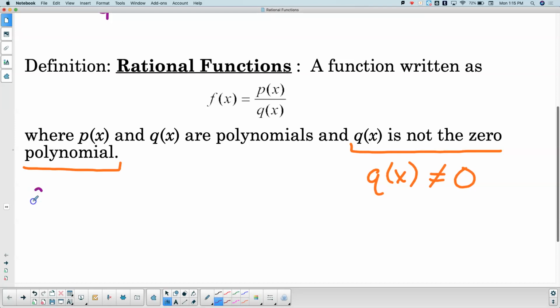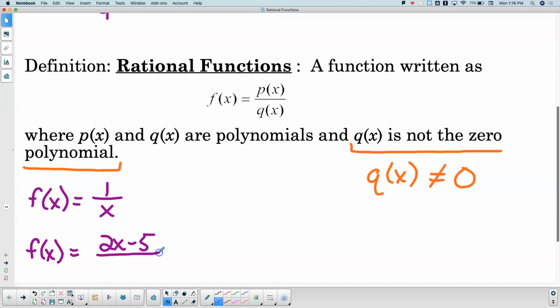Well, they could look as nice and easy as f of x equals 1 over x. That's a rational function. It's a function written as a fraction, function on top, function on the bottom. They could look like f of x equals 2x minus 5 over x squared plus 3x plus 4.